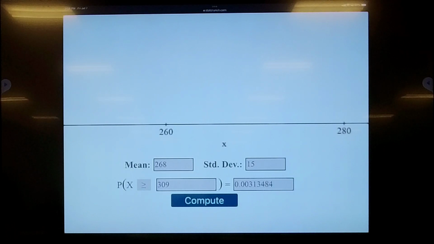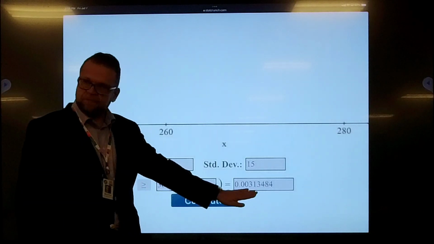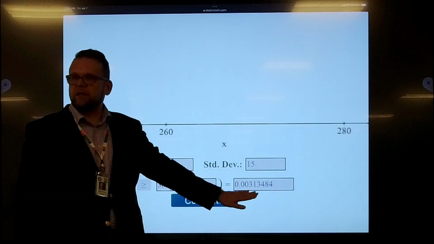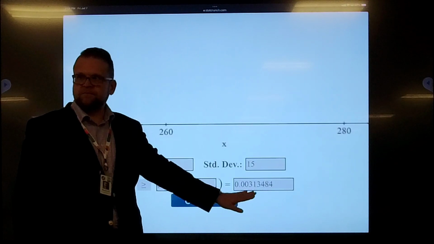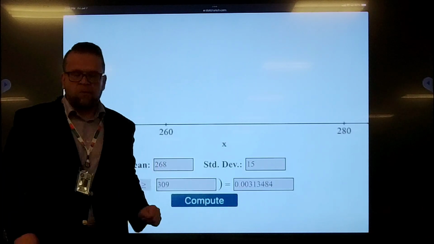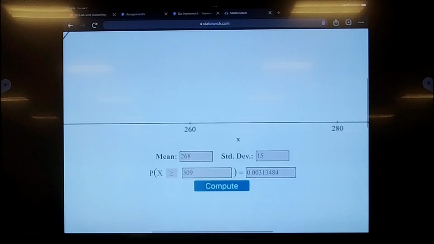It could be the case that he is the father, but the probability that that is true is small. It's not impossible, it's just improbable. So, the probability that he is the father is 0.0031.